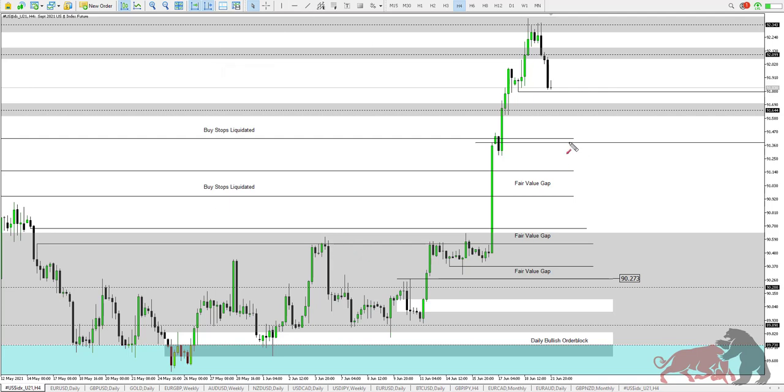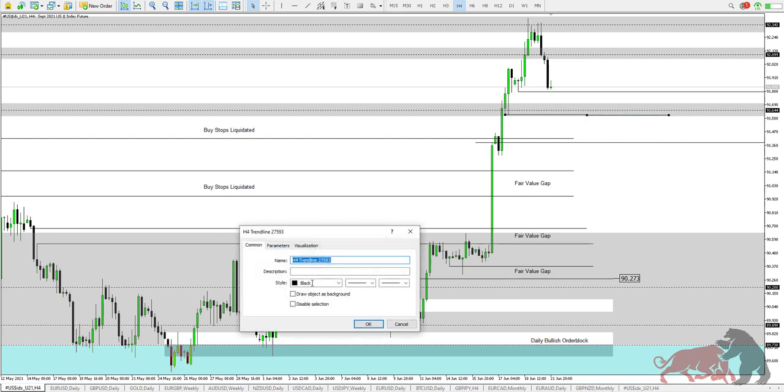So you can see here, if I go to my H4 chart, we've got liquidity right here. See these two equal lows down here. There is sell stops below 91.61.